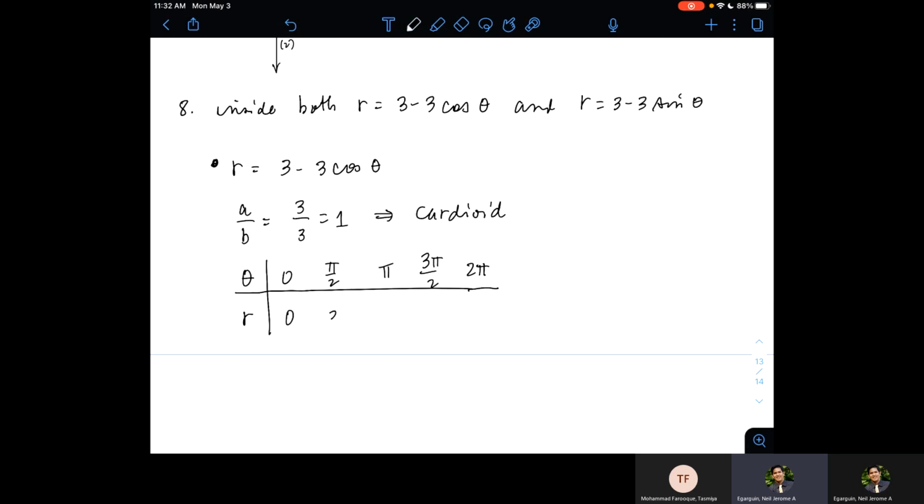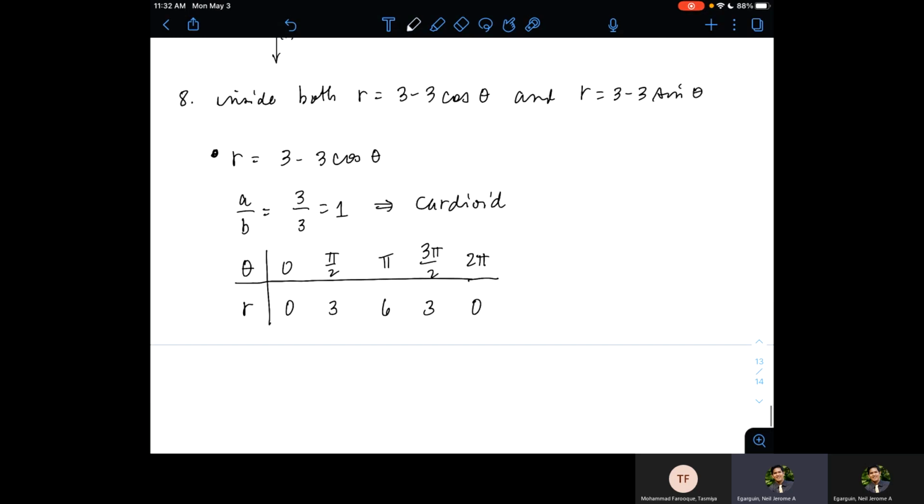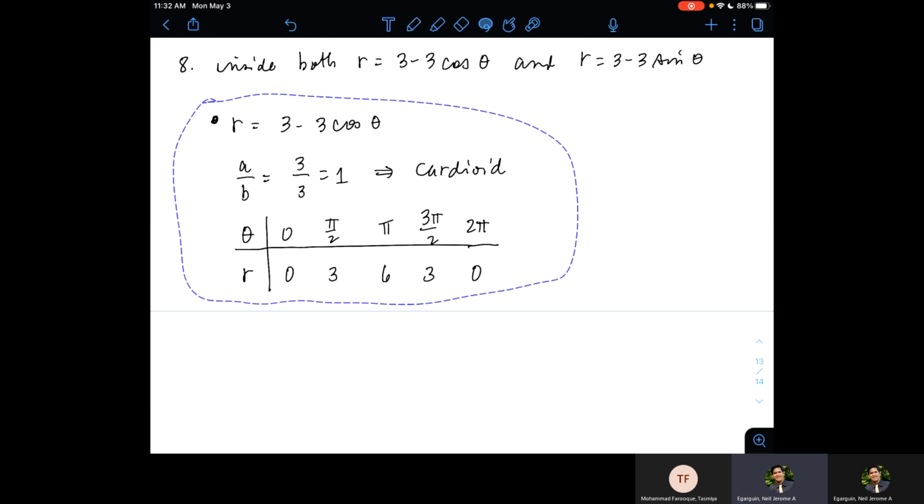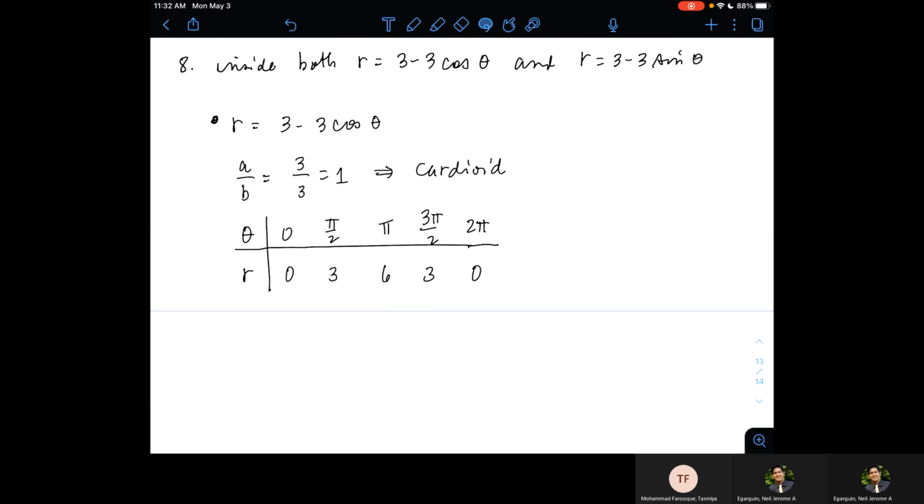At pi over 2, we get 3. At pi, cosine is -1, so we'll get 6. At 3 pi over 2, cosine is 0, so I'll get a 3. And at 2 pi, we'll be back at 0. Okay. So maybe I'll put that here a little bit.